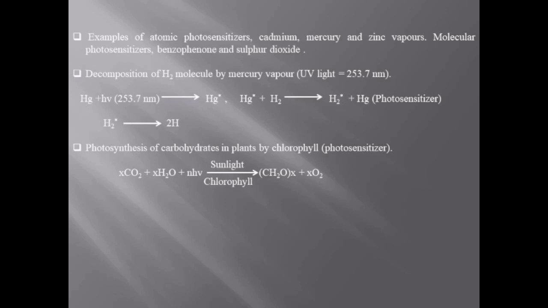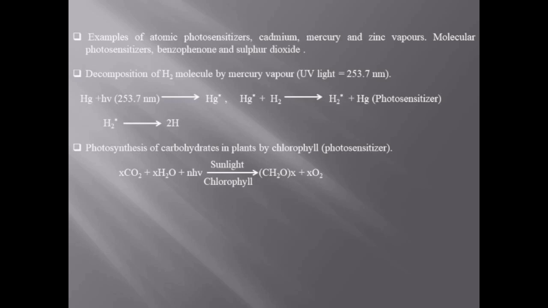Decomposition of H2 molecule by mercury vapor under UV light of 253.7 nanometer. This is the reaction involved. Mercury plus h nu produces excited state mercury. Excited state mercury reacts with hydrogen molecule to form excited hydrogen, which then decomposes to form hydrogen atoms.